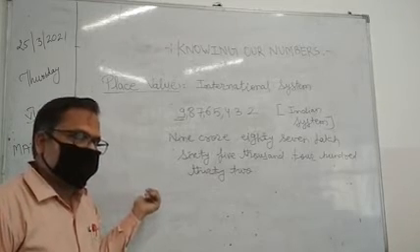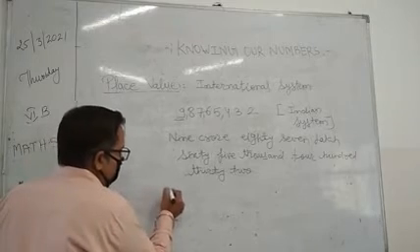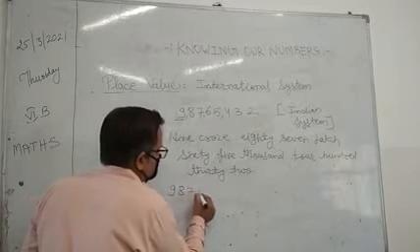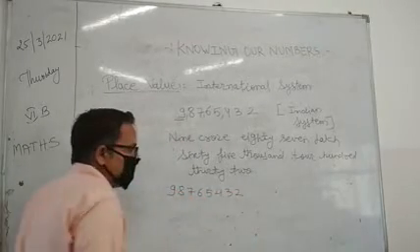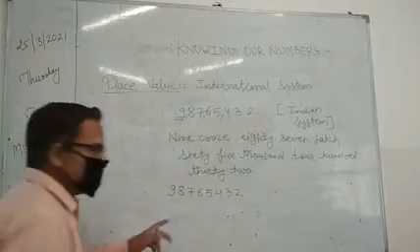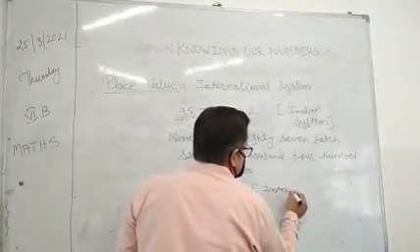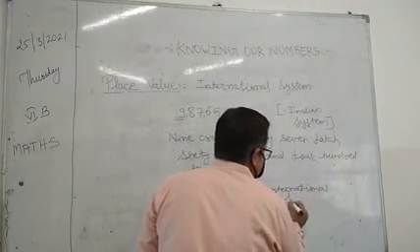Now we can also write in the international system. Again we will write the same number, and we are writing it in the international system. How are we inserting the commas in it? That is your international system.